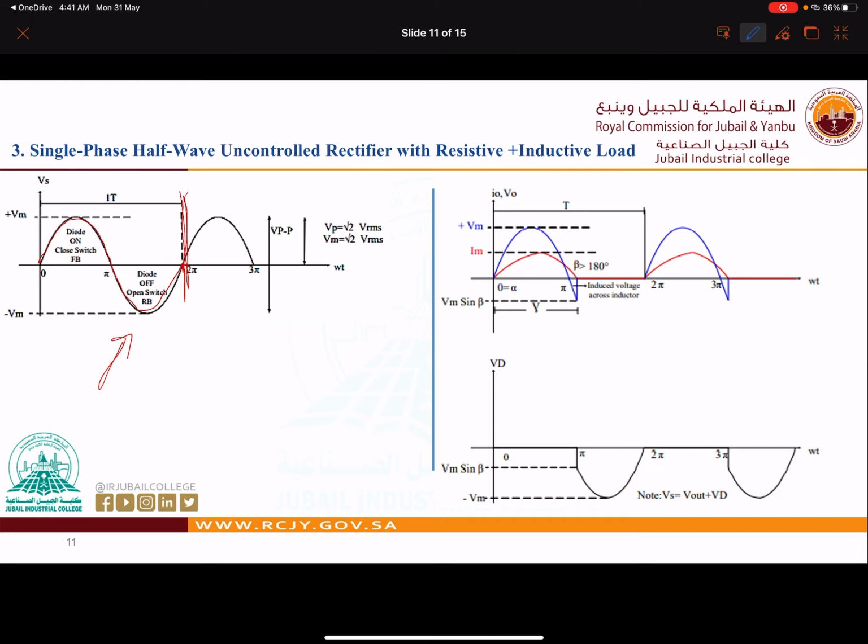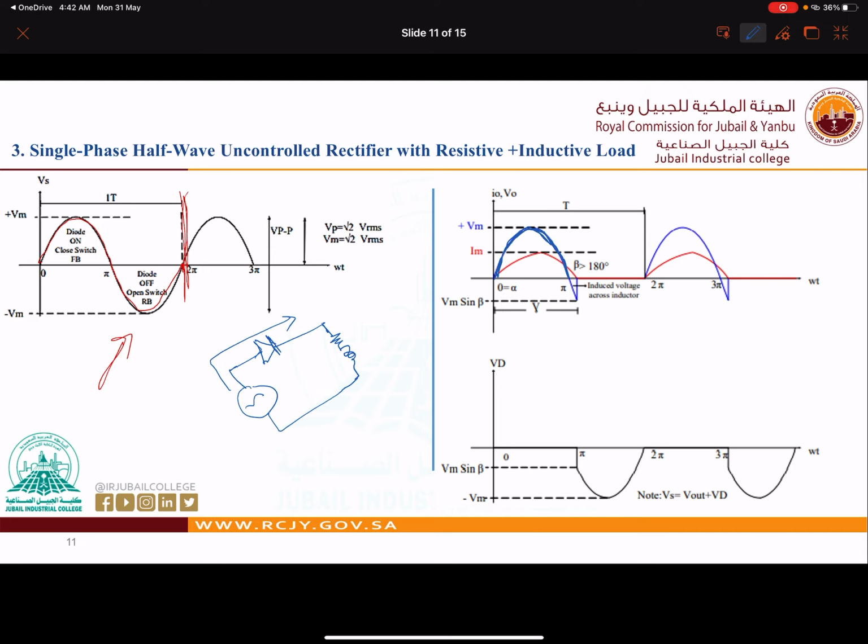Let me do it with another color, the blue color. It will be like this. Why is that? Because the diode will be forward biased for the positive cycle. This is our supply, this is our load. So for the positive cycle the diode will conduct, and we will have our voltage the same as the supply.